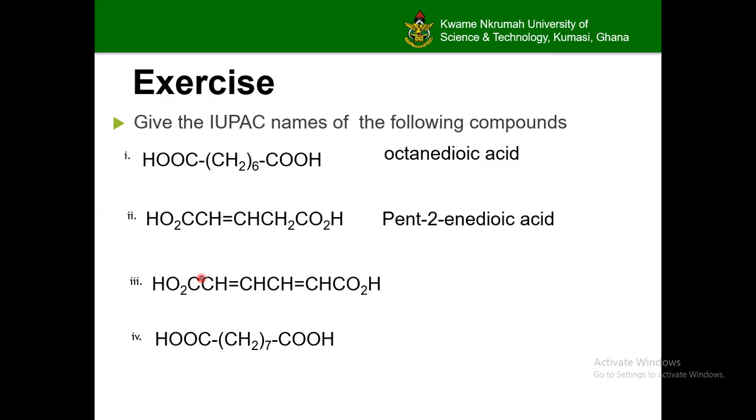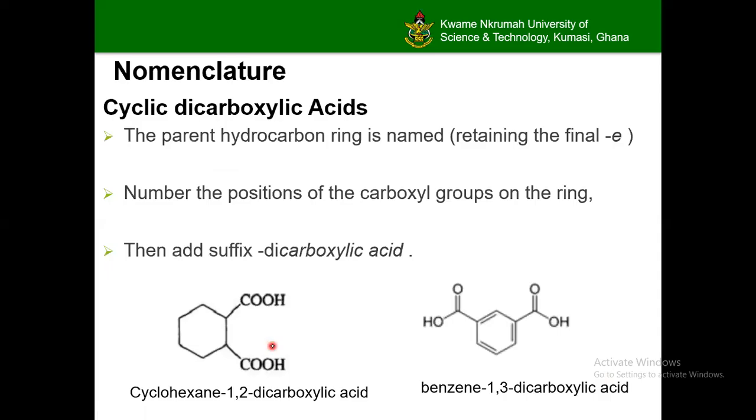If that is too much for us, then we can say it is hexa-2,4-dienedioic acid. So that is what we have here. Very simple, right? Good. The next one, we have 1 plus 7 plus 1, so 9. So nonenedioic acid. Very simple.